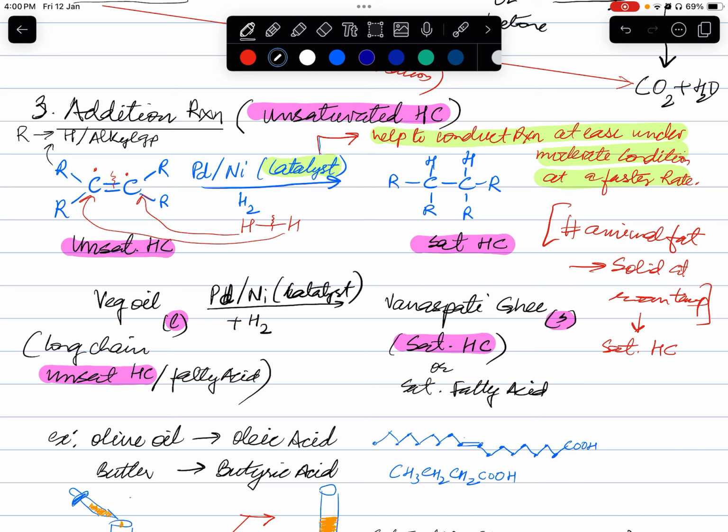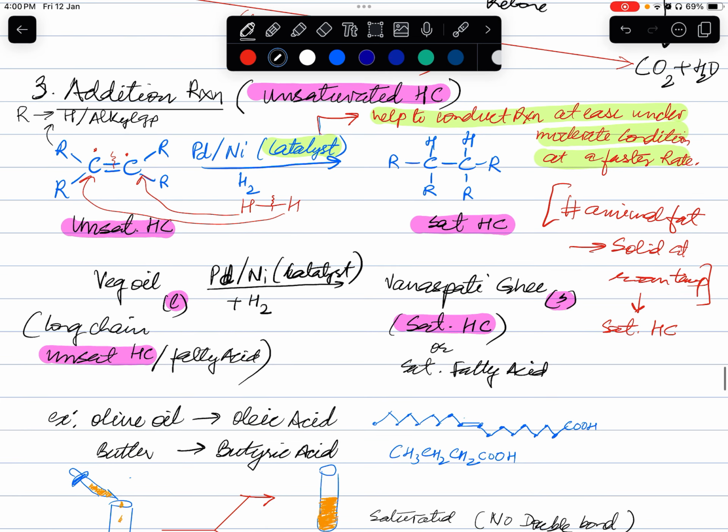Okay, what will we be getting? We will be getting vanaspati ghee or artificial ghee. Always remember, whenever we have any saturated fat, it is solid at room temperature. So, for example, animal fat is also solid at room temperature. That means your animal fat is saturated fat. Therefore, fat from non-veg sources is not healthy. Why? Because it is saturated fat.